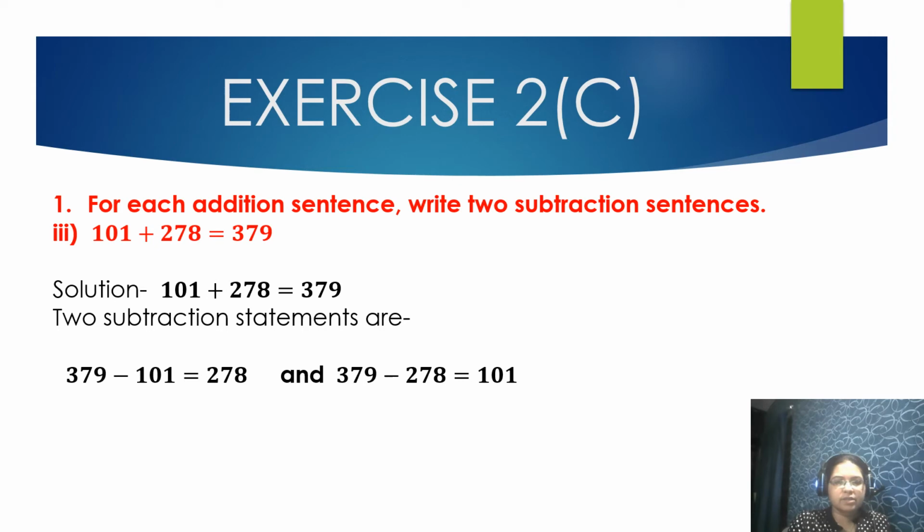This is the addition sentence, and we have to write the subtraction sentences of it. So the two subtraction sentences are 379 minus 101 equal to 278 and 379 minus 278 equal to 101.